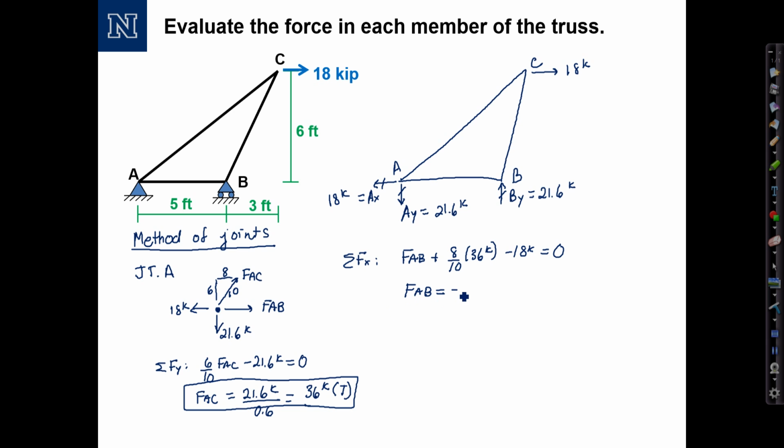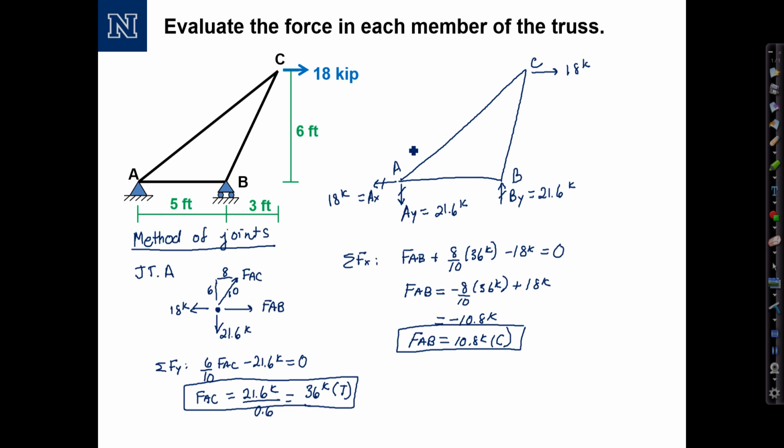FAB equals negative 8/10 of 36 kips plus 18 kips, and this result turns out to be negative 10.8 kips. The negative sign, of course, tells me that the actual force FAB is acting in the opposite direction and therefore is in compression. Okay, again, circle my answer.